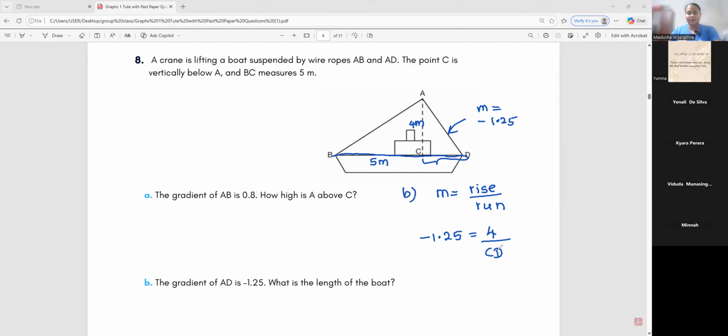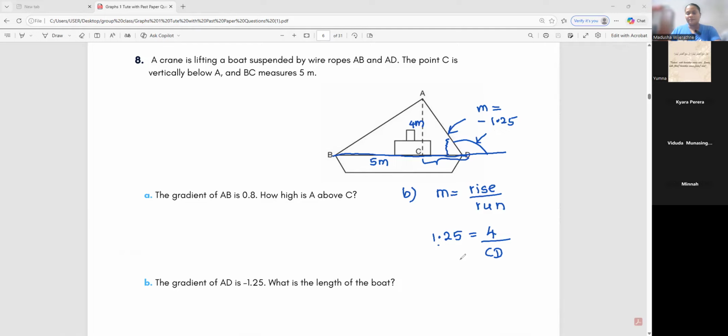So now we don't want to consider this minus sign, because 1.25 is the gradient from this side, because the obtuse angle is from the positive side of the x-axis. No? Then the other side is acute. So the other side, it's like a positive number. So we don't want to use this sign here. We are finding a length. Length cannot be negative, no?